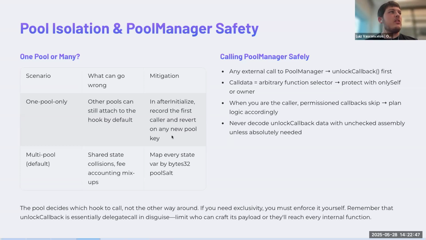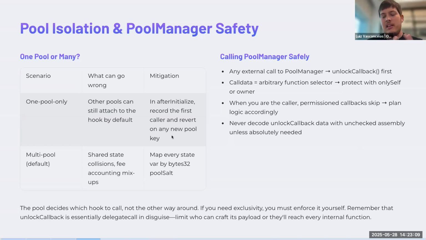Also, when calling the pool manager, you need to use the unlock callback. Basically, the way it works, you call the unlock function, and then the pool manager is going to call the unlock callback, and you are going to send some arbitrary data, because it's bytes.